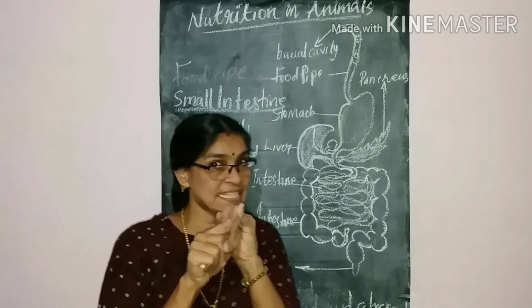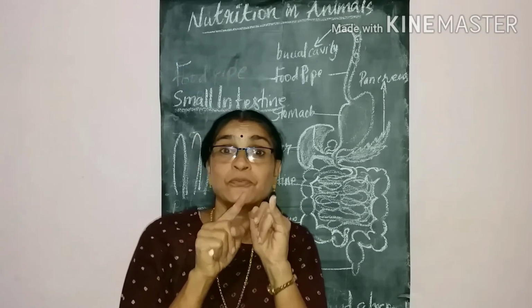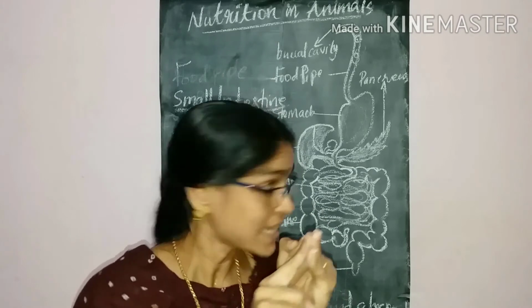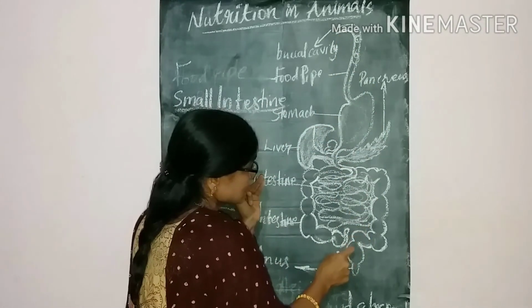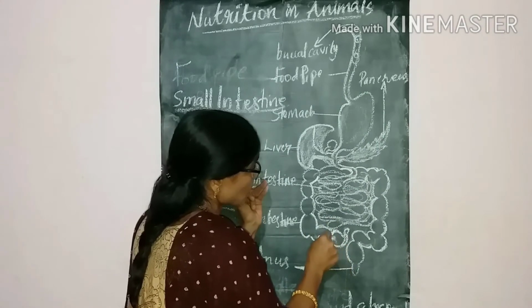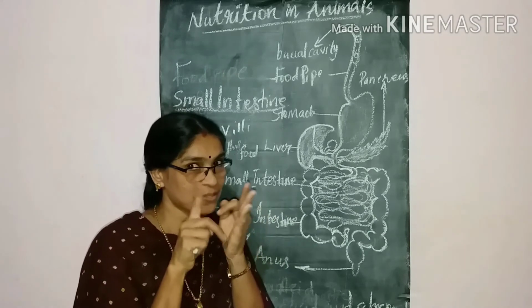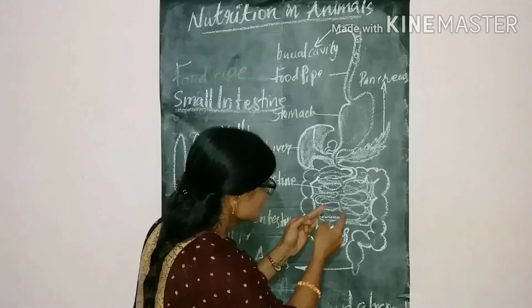One is ingestion, that we already saw, the method of taking food into the body. Second is digestion, from the buccal cavity until it reaches the small intestine, the digestion is over. Next process is absorption. Now absorption is also over.